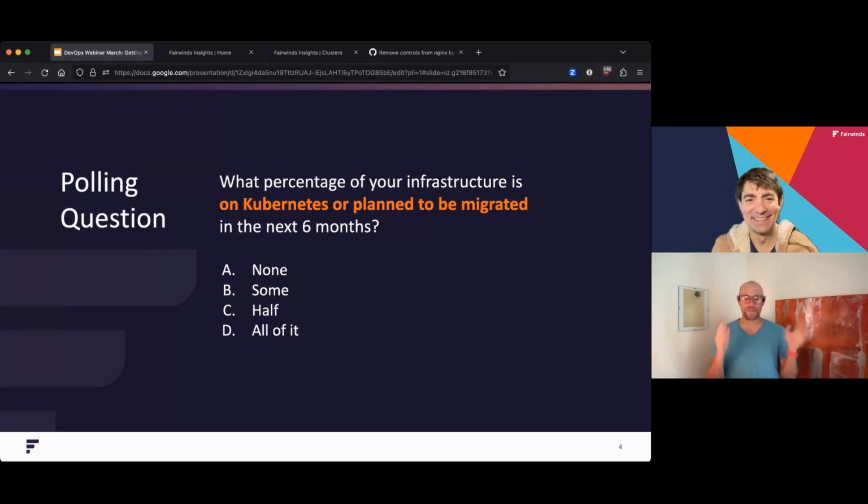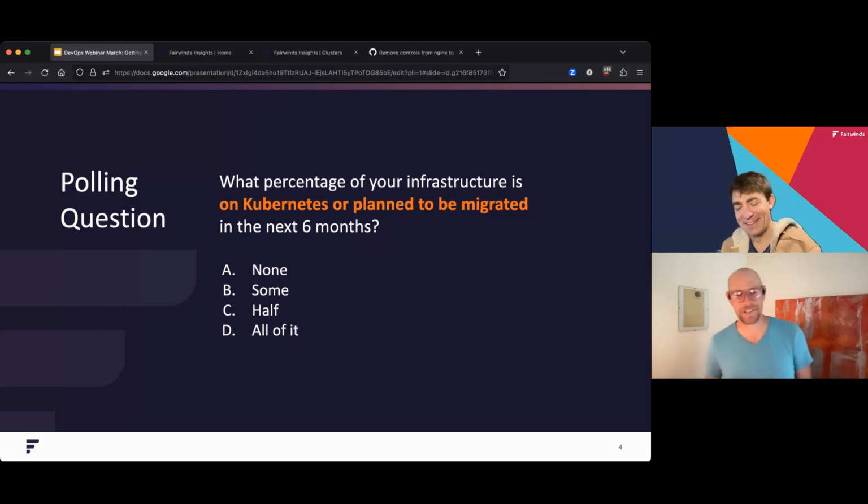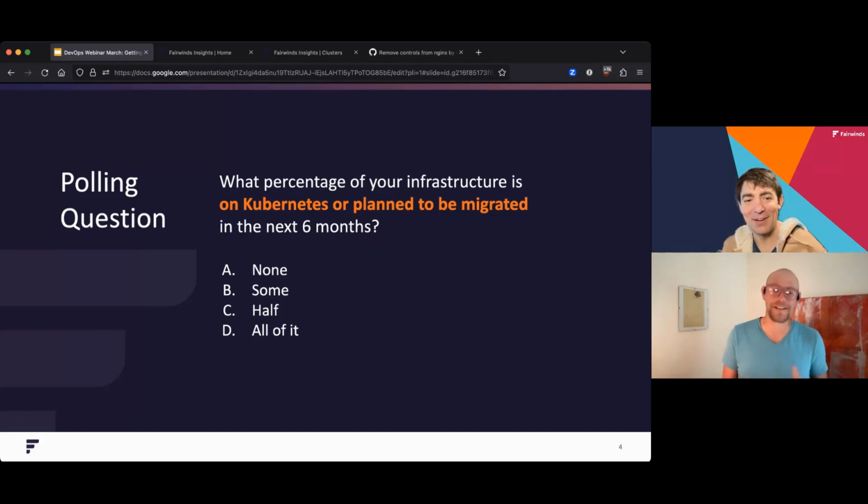Half is 50%, and all of it is 100%. So you're going to have to do a little bit of figuring out. I guess some is the only one that's really kind of questionable, but I'm assuming since some is between none and half, you can guess a 25% range or somewhere in there. Anything between 50%, I guess less than half, is some.